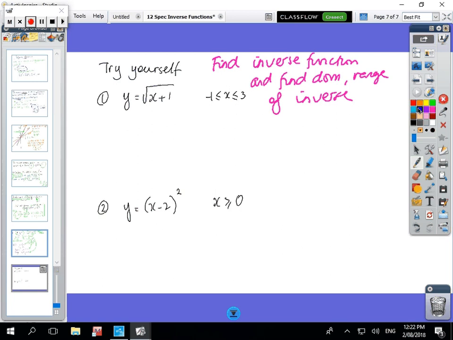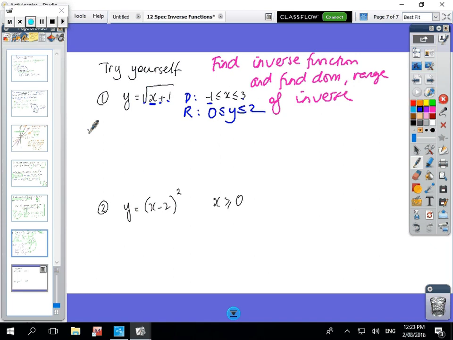Okay, you're back. So that's the domain, and let's find the range straight away. When I put -1 in there, -1 plus 1 is 0, the square root of 0 is 0, less than or equal to y. 3 plus 1 is 4, the square root of 4 is 2, so that's the range.